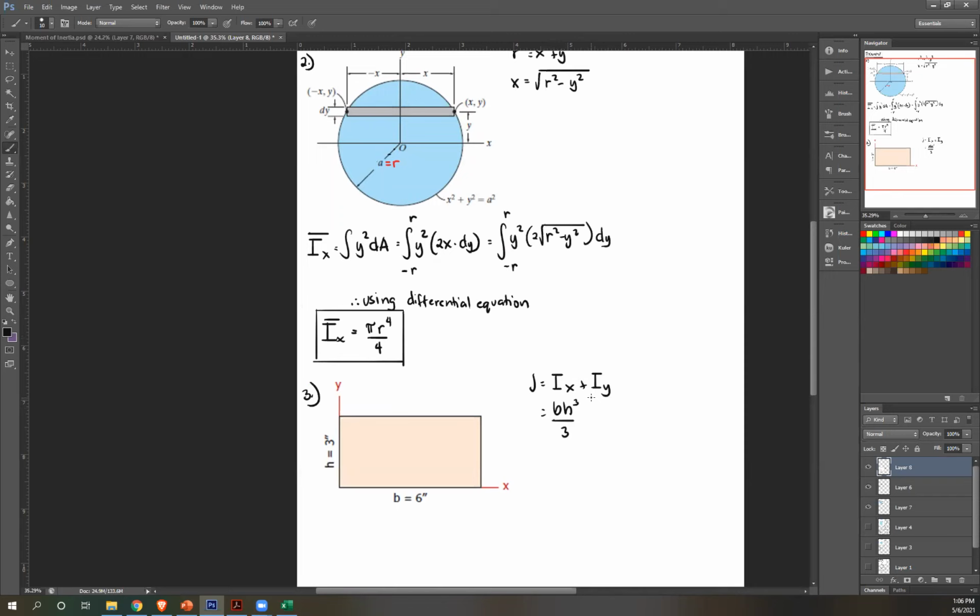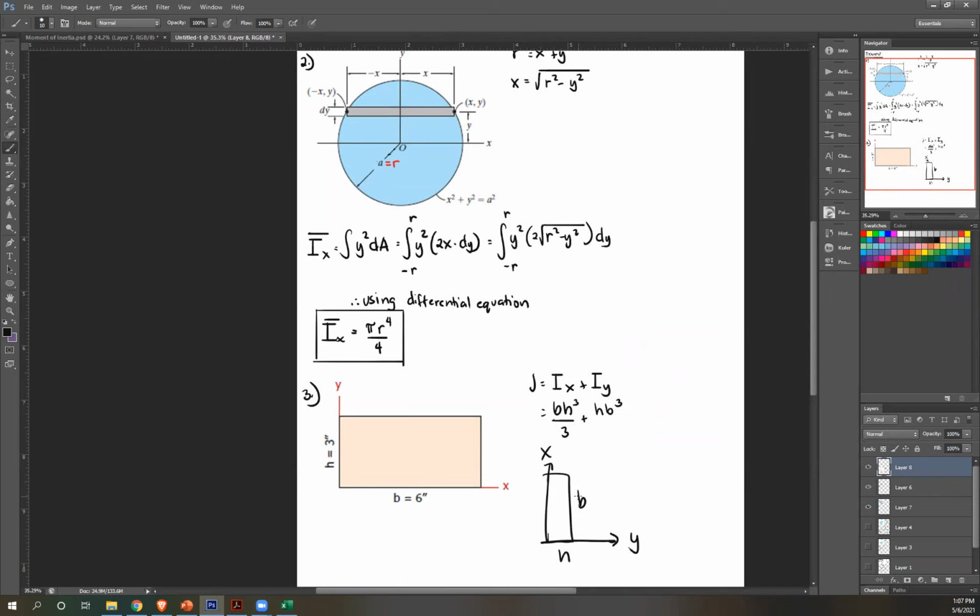And then Iy. To solve for Iy, you don't have to go through the integral. It's just the same, the variables are just split. So instead of bh cubed, it's now hb cubed, because solving for Iy is basically rotating this. Now this is your y, this is your x. Your base now is h, this is your b.